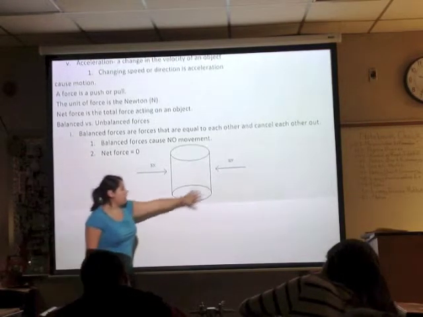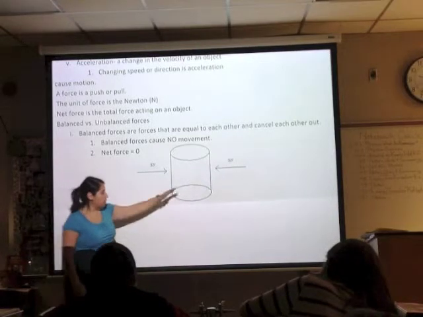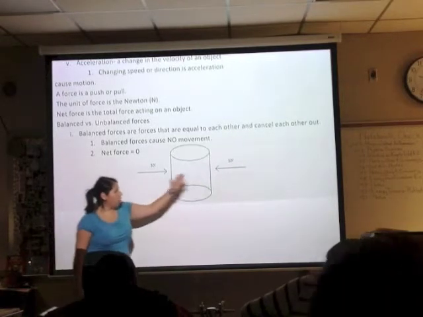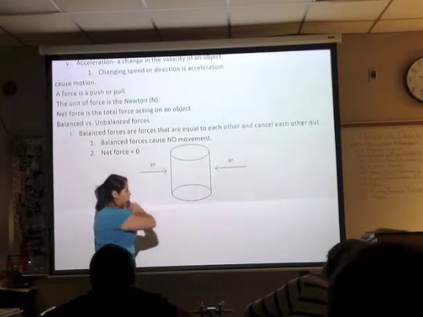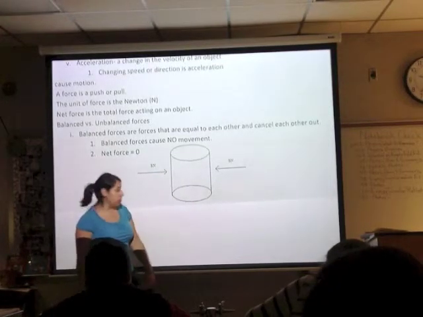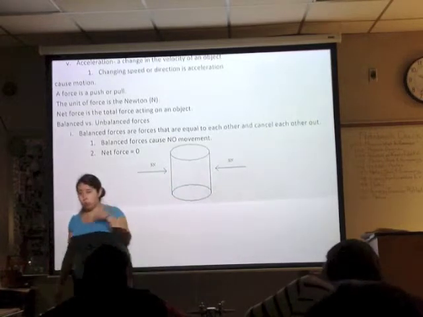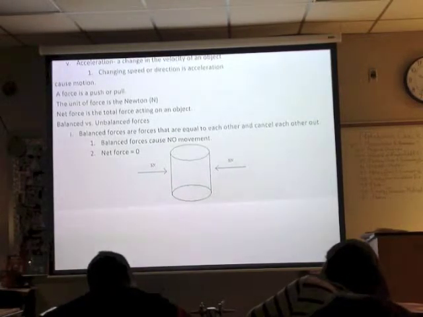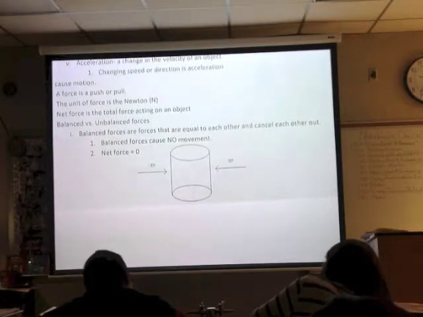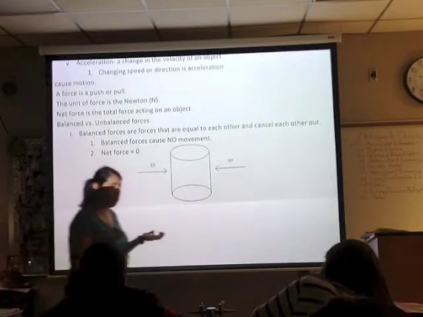So if we look at this diagram, here I have a cylinder. It's being acted on by two forces. This force is moving to the right with 5 newtons of force. This force is pushing to the left with 5 newtons of force. So, are those forces pushing against each other? Yes. So if they push against each other, is that object going to move?